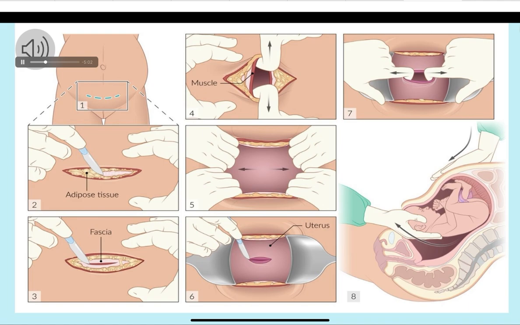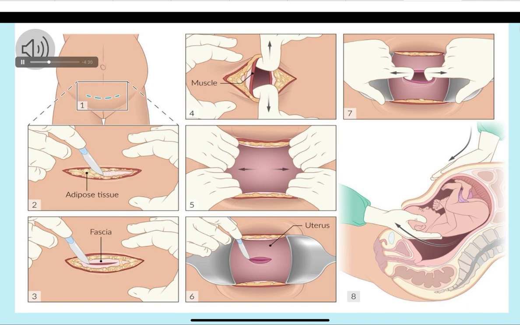So if we go down to picture number 2, you will see where they're actually making that sharp, blunt dissection of the patient. Sorry, I sneezed.